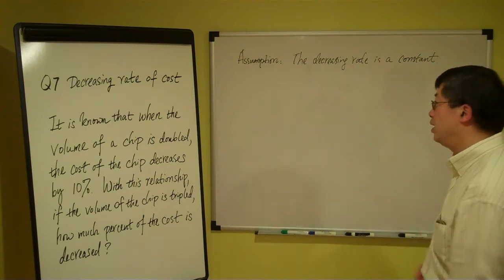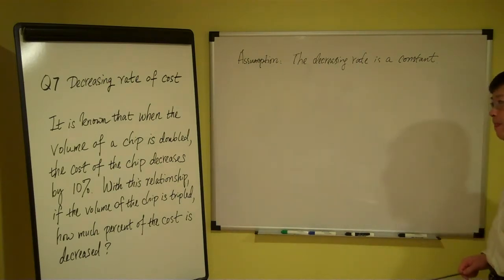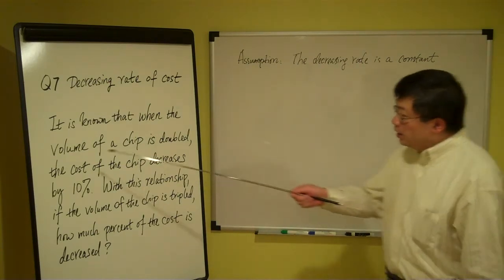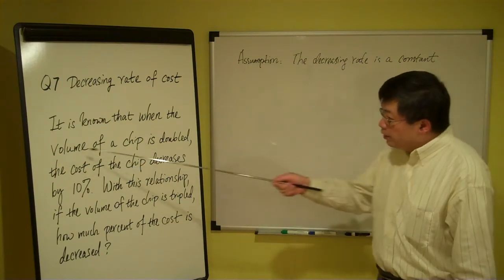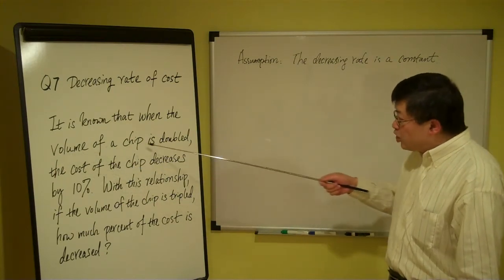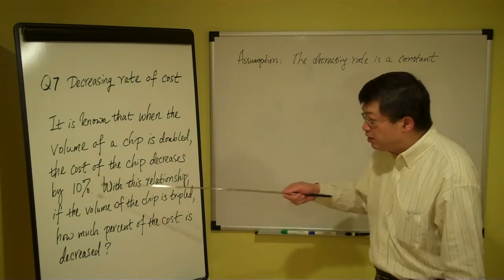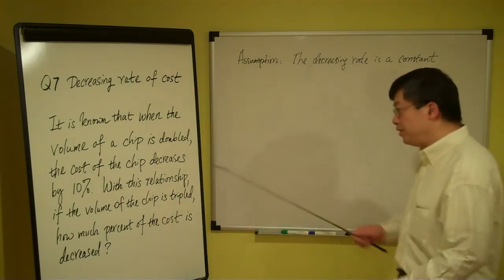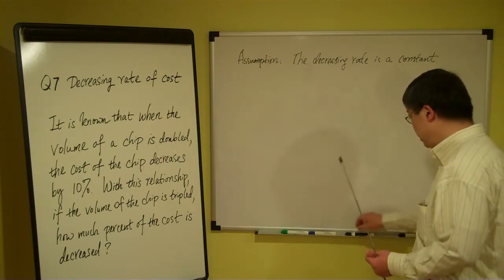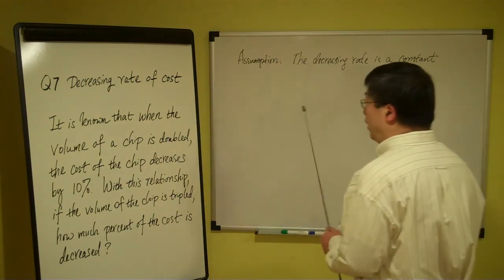How to represent it? The volume of a chip is doubled, the cost of the chip decreases by 10%. This is an important condition we need to use.